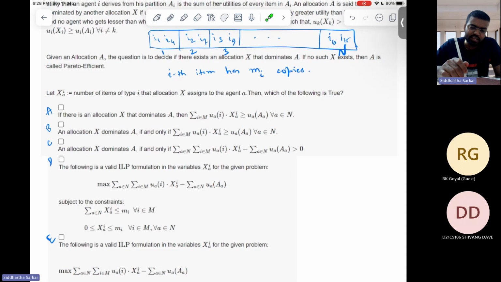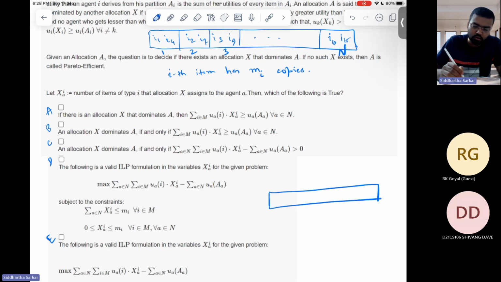It says for every agent A in N, where N is the set of agents, the summation over all the items. Basically we are looking at the utility matrix. There is a row corresponding to the agent A, and the columns are for the items.